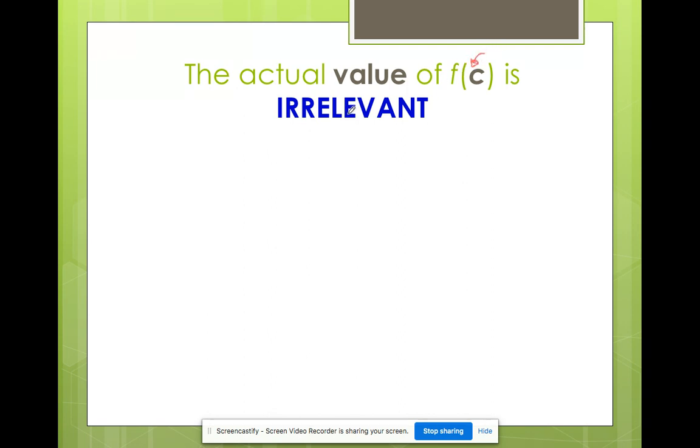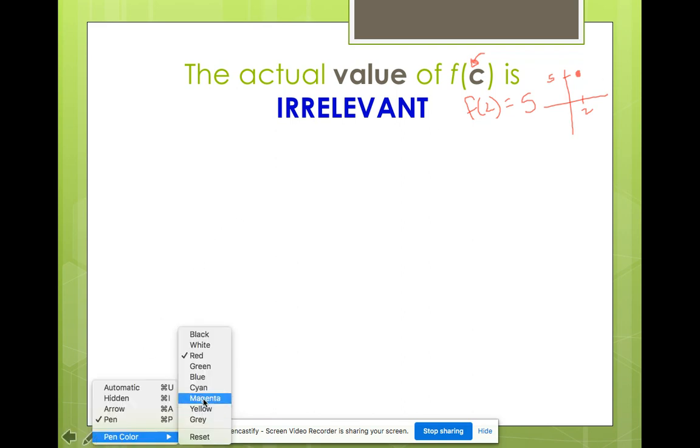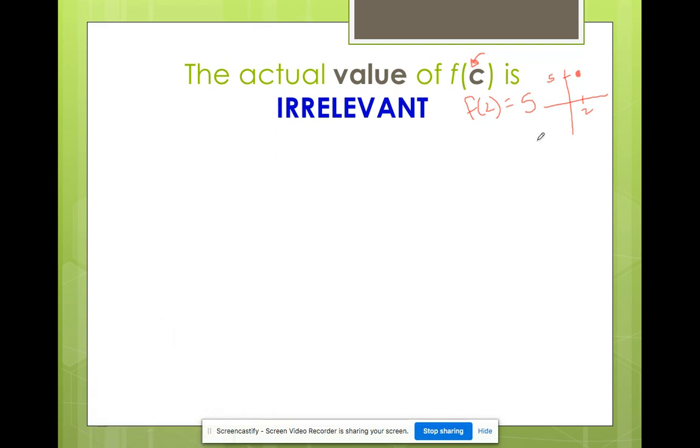But what I'm saying is that when I give you a function and I say, what is f of 2, and you tell me f of 2 is 5, that means there is a point on the graph where when x is 2, y is 5. And that point exists and it makes the equation true. That is related to what a limit is, but a limit is more about what's happening around 2.